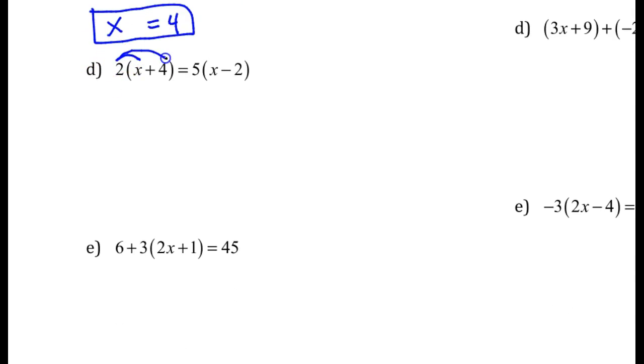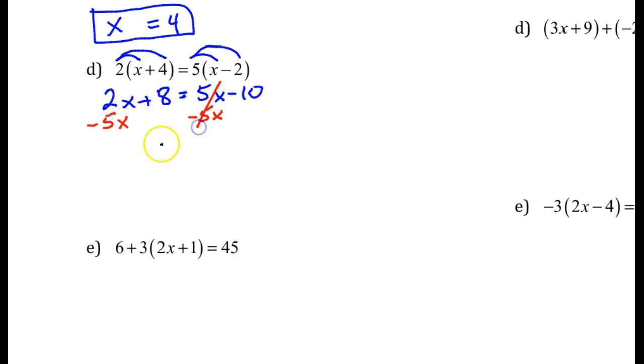Do some distributive property on both sides. So we got 2x plus 8 and 5x minus 10. Right, we can subtract 5x on both sides. So that equals 0. And we can also subtract 8 on both sides.